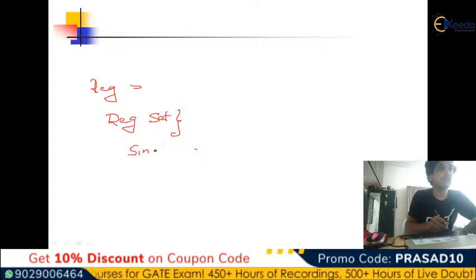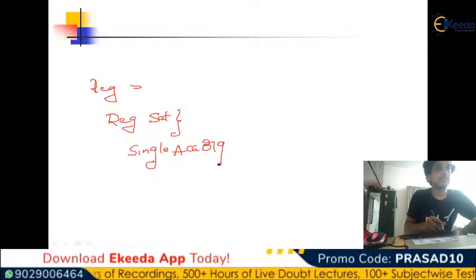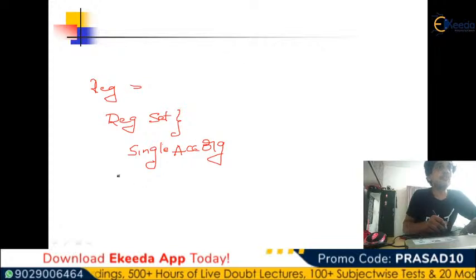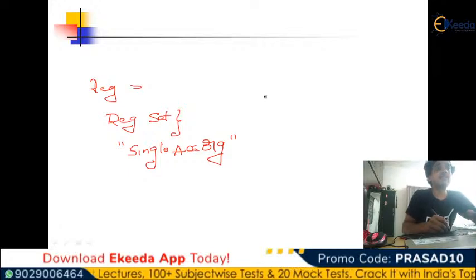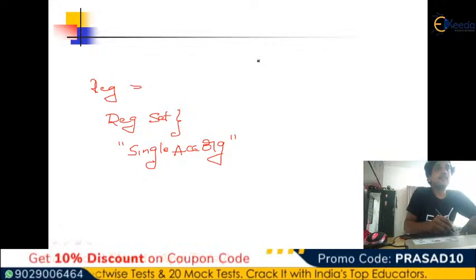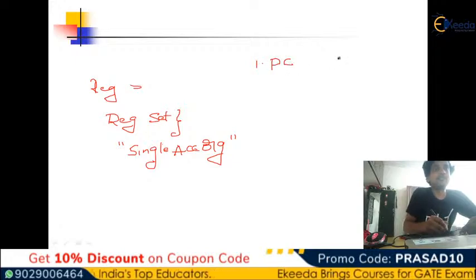In which we're going to take single accumulator organization. Okay, so now we are going to design a single accumulator organization computer system. We're going to understand several different registers which are available in single accumulator organization. The basic registers that are available are as follows. The first one is the PC, which is called a program counter.